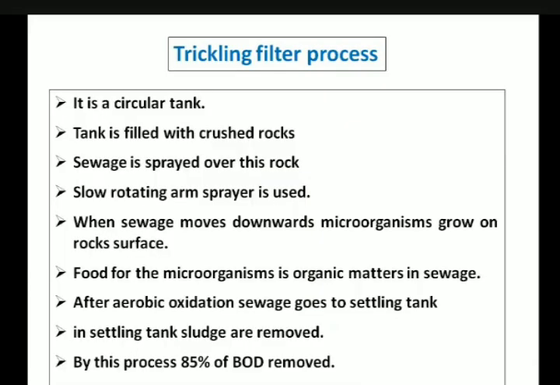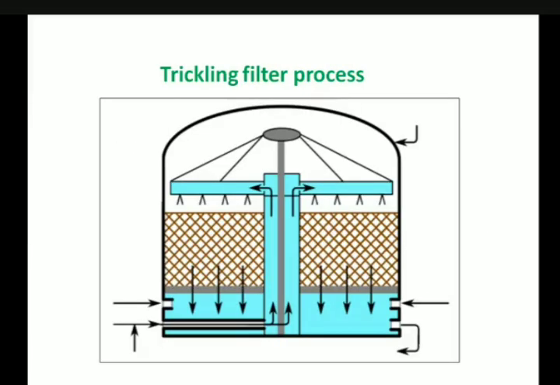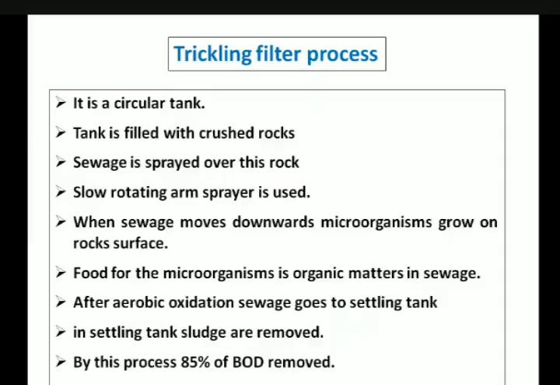So you have different steps in this one. In the trickling filter process, it is a circular tank filled with crushed rocks, and the sewage is sprayed over the rock by slowly rotating arms. When the sewage moves downwards, the microorganisms grow on the rock surface.